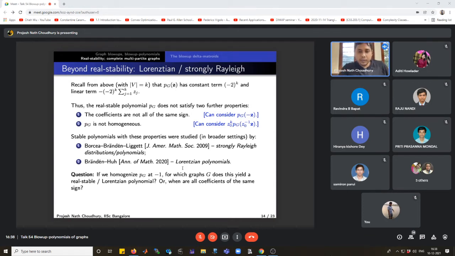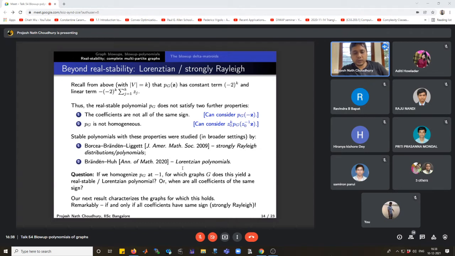Our next result explicitly characterizes this polynomial, and remarkably the answer is: if and only if all the coefficients have the same sign.